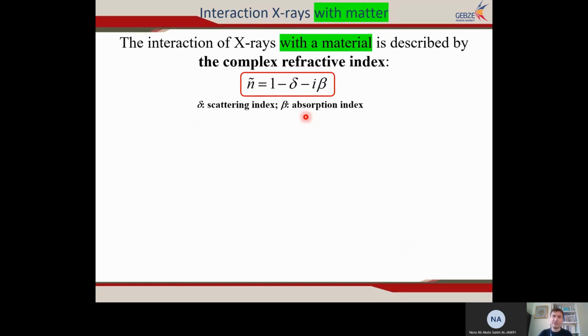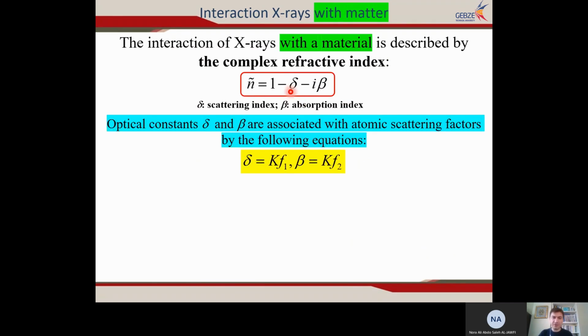We should have a relation, right? So how to write this relation? We can write this relation by using this constant K. So what we have here: delta is equal to K times F1, beta is equal to K times F2.